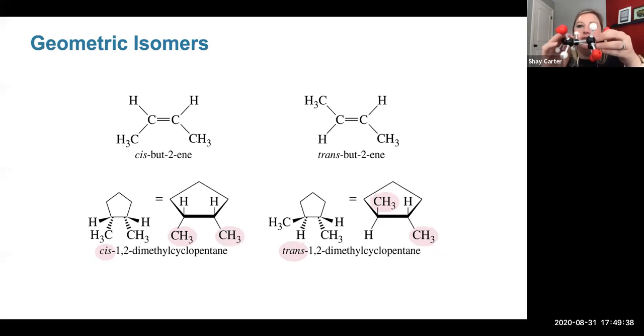When we have two substituents and one is on the top face and one is attached to the bottom face, we say that they are trans to each other, okay? But if they were both on the same side of the ring, okay, then we would say that they were cis to each other. Okay?